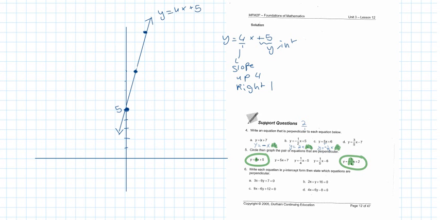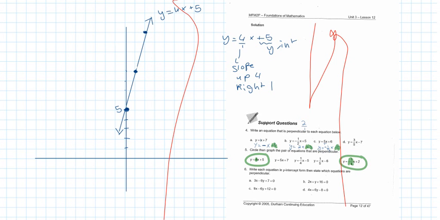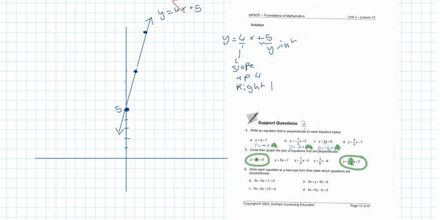Okay? Y equals negative 1 over 4x plus 2.